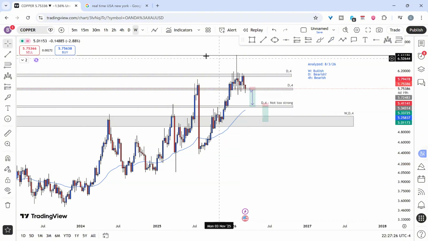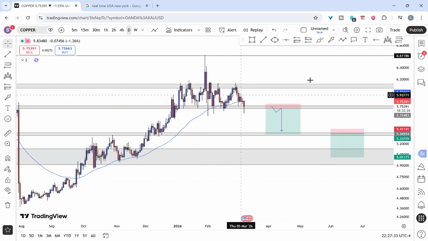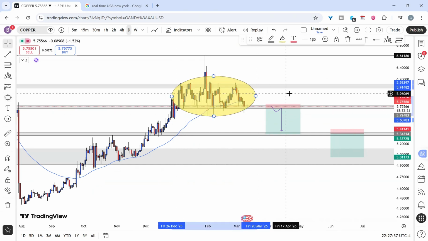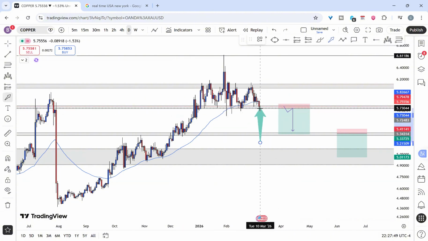However, if we look further down into the daily time frame, we see a lot of traffic, a lot of consolidation right here. Okay, whenever you guys see something like this, it is really undecided whether it wants to go further up or further down. However, if I see a break under the daily support level, and a retest, it does confirm for me that it wants to come down.